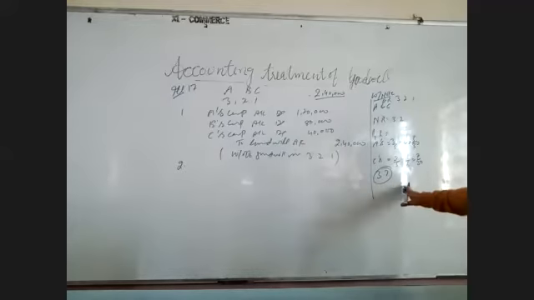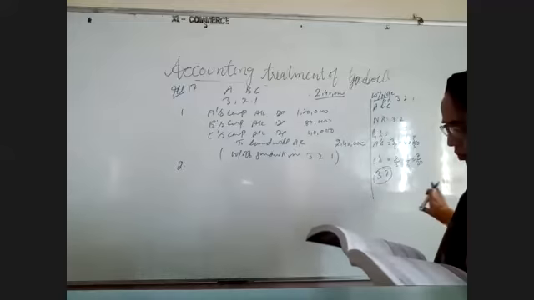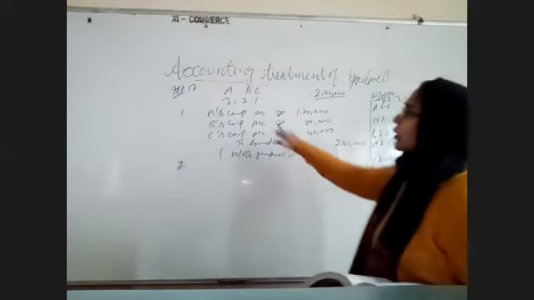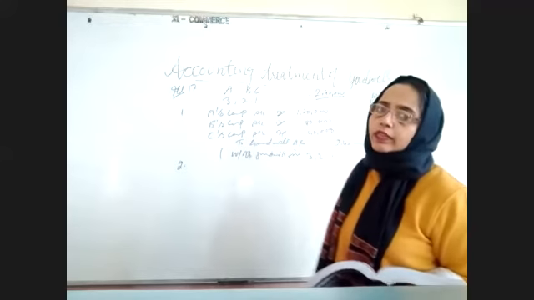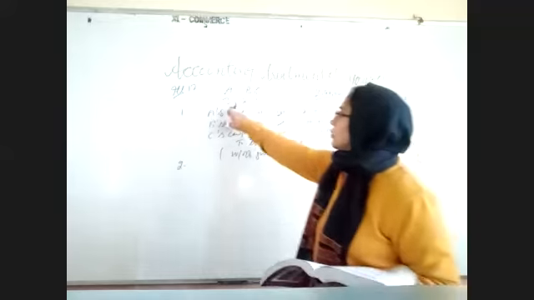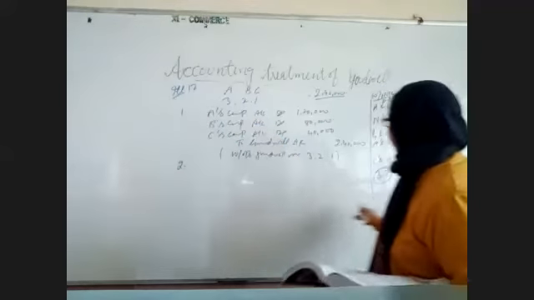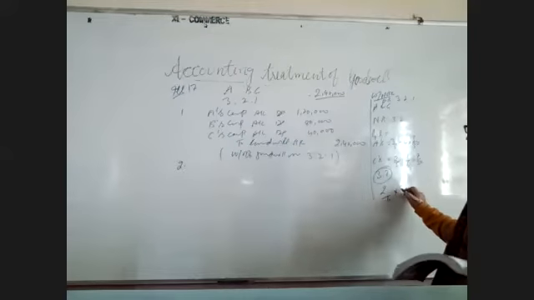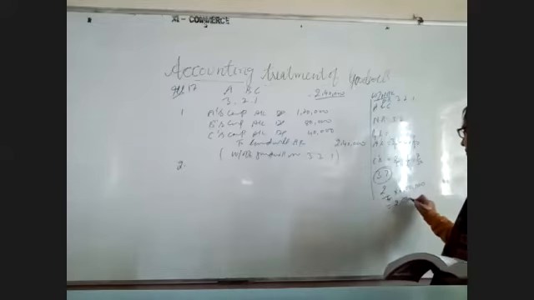Okay, 3:7. And goodwill of the firm is rupees 6 lakh. That is given in your question. So first of all, we have to calculate B's share of goodwill out of 6 lakh. So 3 plus 2 is 5, plus 1 is 6. So it will be 2/6 share. Okay, 2/6 of the firm's goodwill, which is 6 lakh. 6 lakh times 2/6, it will be 2 lakh.